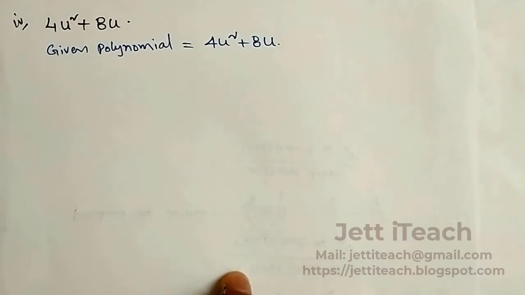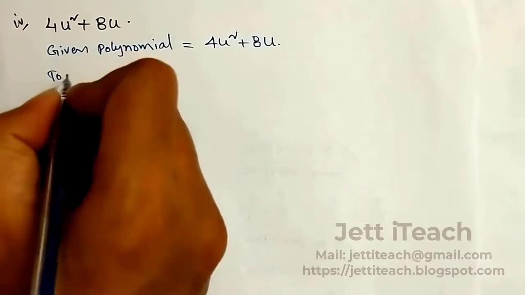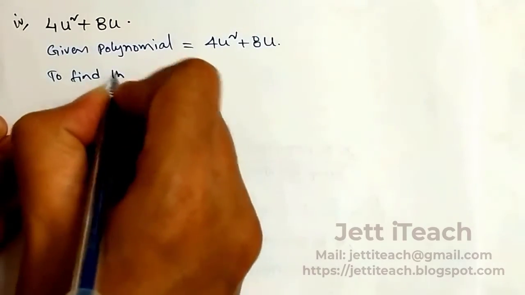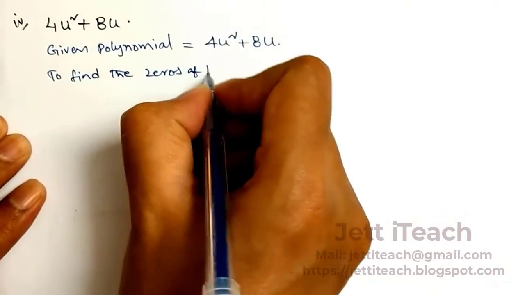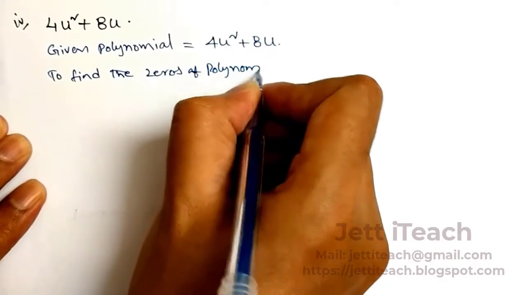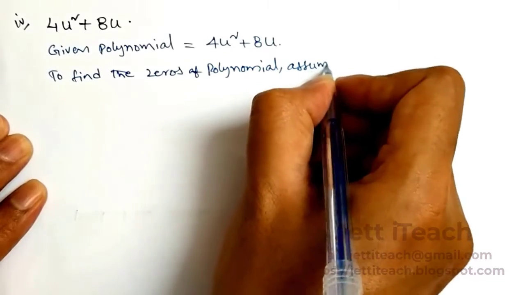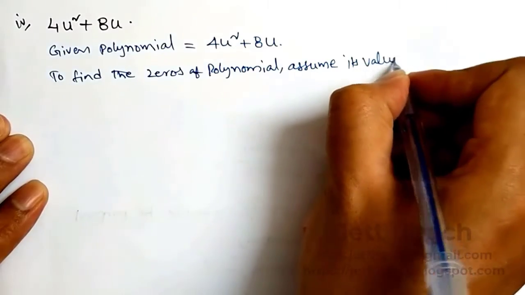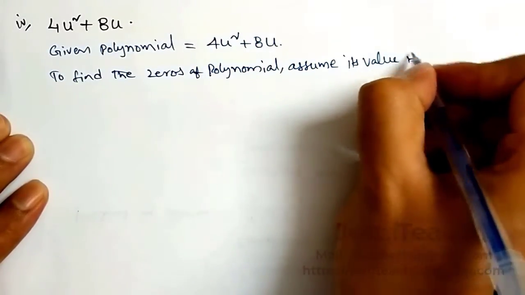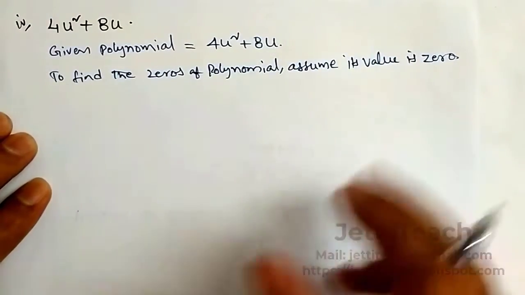To find the zeros of this polynomial, we assume its value is 0.